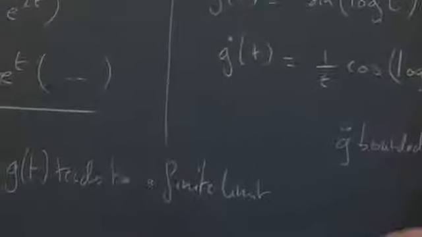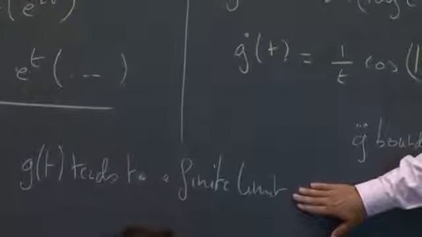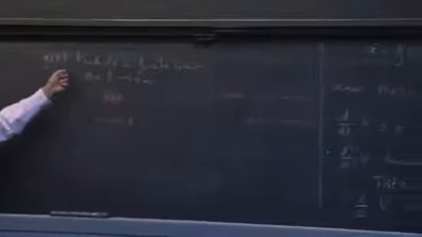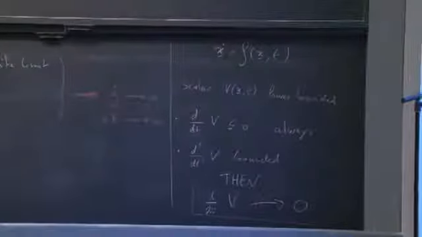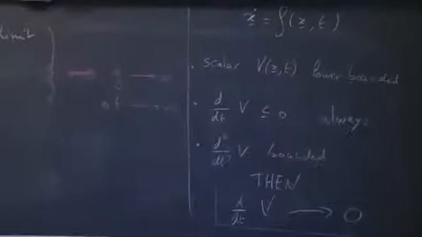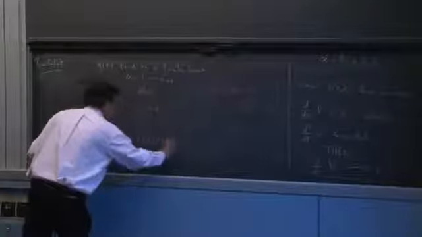It tends towards a finite limit, starting with any initial condition. Now we also know, setting g of t equal to v of x of t and t, that if it tends towards this finite limit and its second derivative is bounded, then the first derivative tends to 0. So the proof is just, for a particular trajectory, you apply the lemma to g of t, which is v of x of t and t for some particular initial condition.